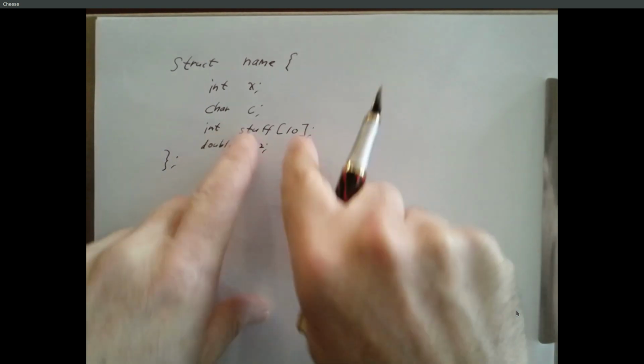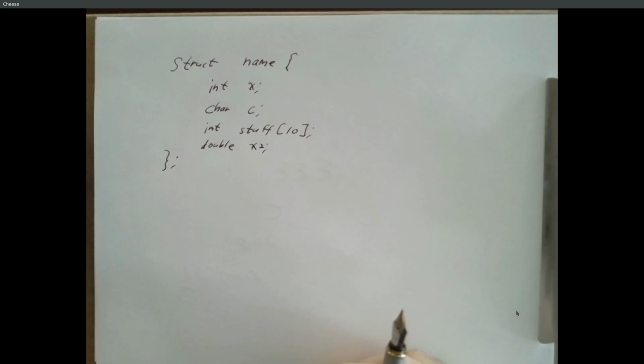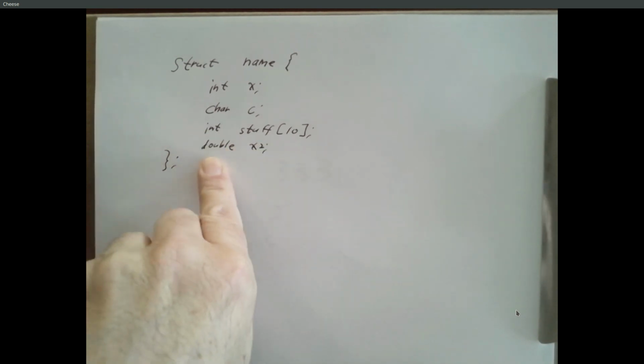So the idea is that struct name is a new type of variable. We know about ints and characters and doubles. Now we have a new type of variable called struct name, which contains an integer, a character, an array of 10 integers, and a double.